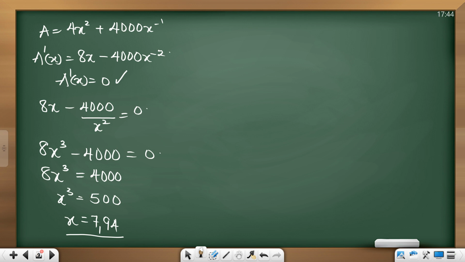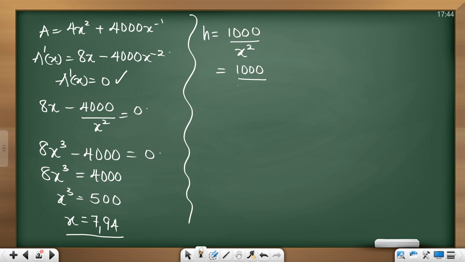So the dimensions. What is the height? We know the height as 1000 over x squared. Always make sure when you answer, go back to the question and make sure the question is answered.